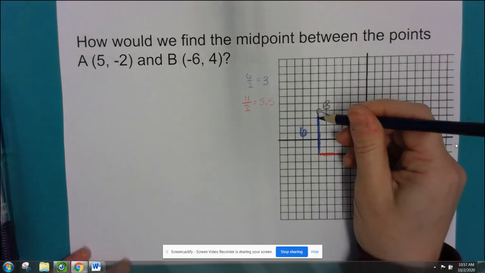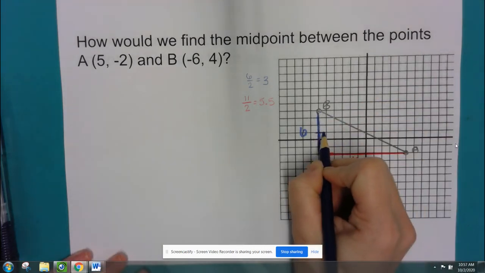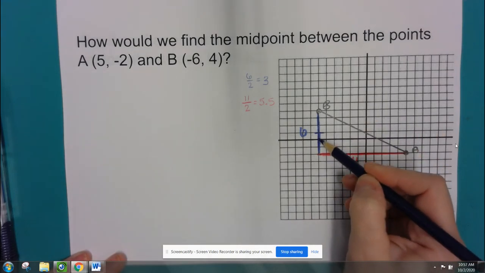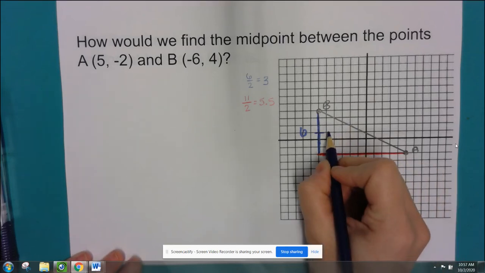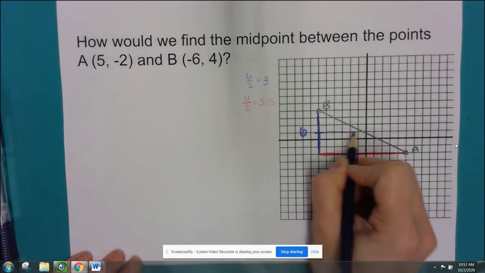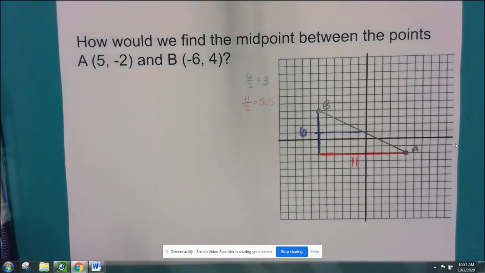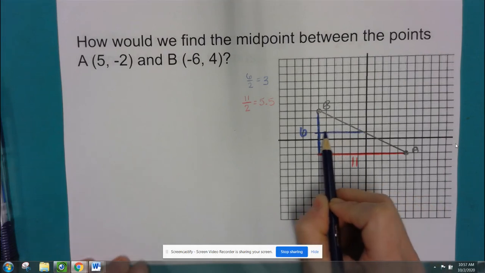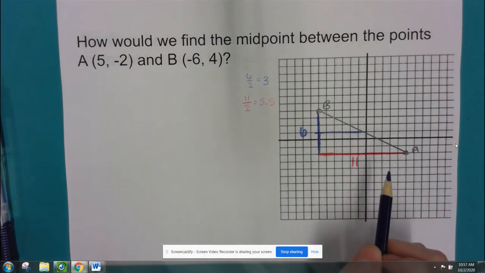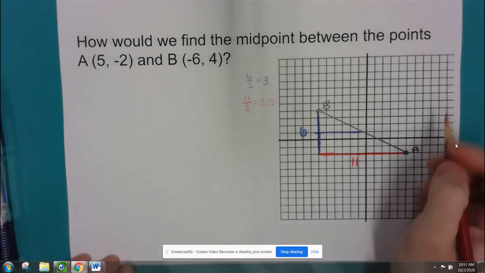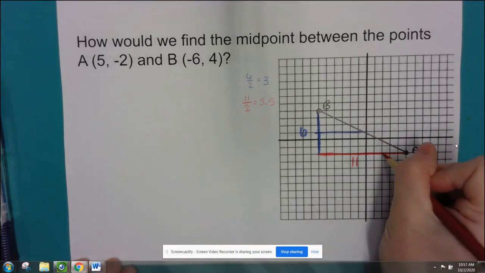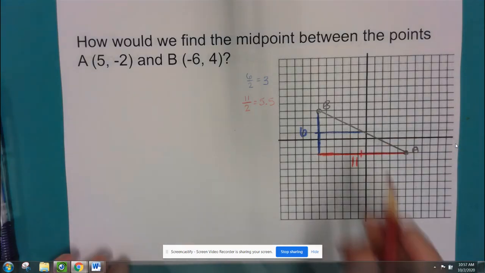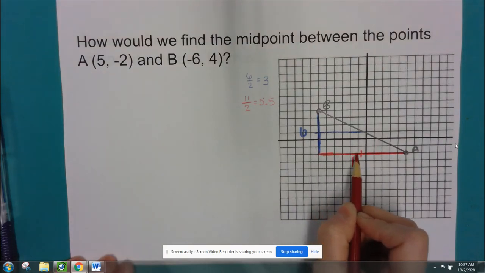So I'm going to go down 3 spaces, and I'm going to make a tick mark here just so you can see that this direction I also have 3 spaces. So this horizontal trip over to the line is going to tell me, well, now I've cut that distance vertically right in half. And I'm going to make 2 mini triangles. So from here, I'm going to go 1, 2, 3, 4, 5.5. Now, if I look this way, 1, 2, 3, 4, 5, that's also 5.5.